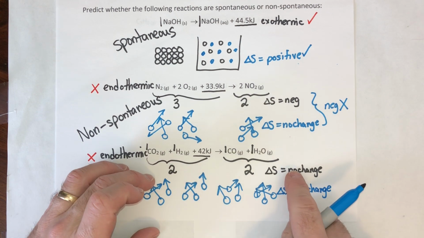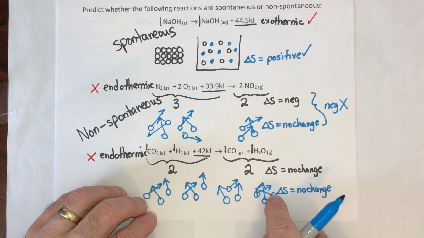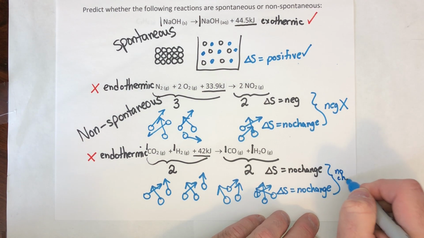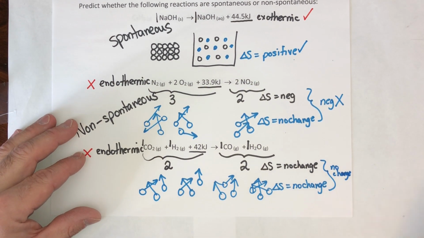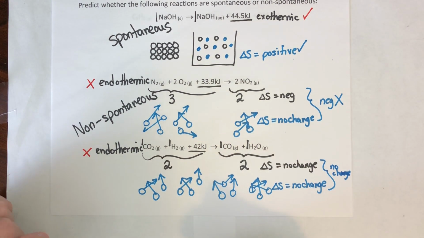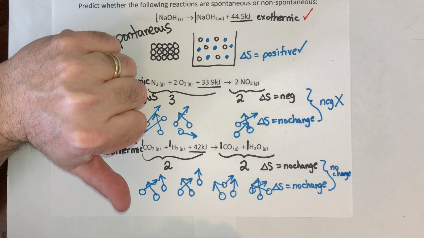So based on the numbers, the entropy is not going to change. Based on the phases, it's not going to change. So overall, I'm thinking it's not really going to change. So this is a bit of a unique situation. You have 2 people voting in the election. The first person says, no, not spontaneous.